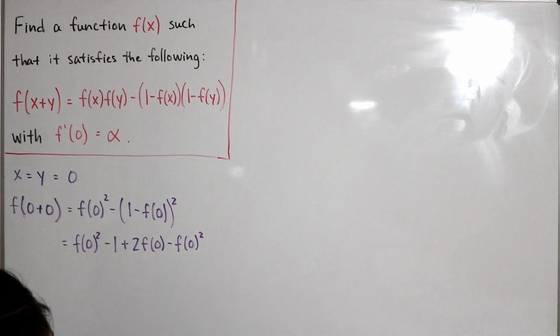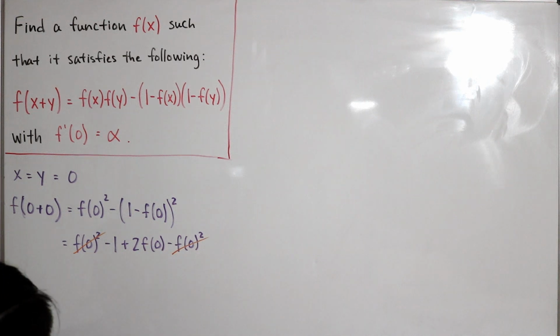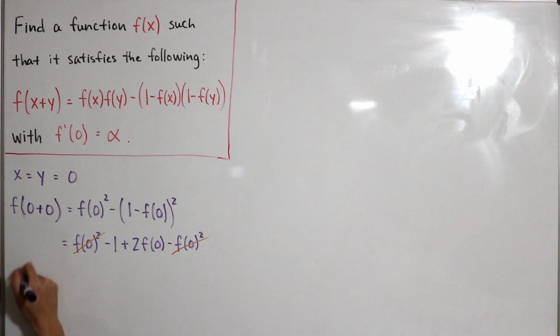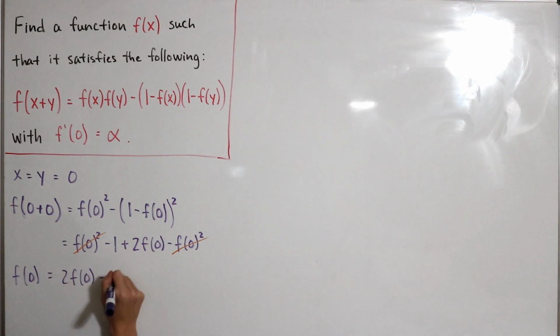You'll notice that two of the terms cancel each other out, namely the f of 0 squared terms. It's also worth noting that f of 0 plus 0 is still just f of 0 itself. So I'll rewrite this as 2 times f of 0 minus 1.